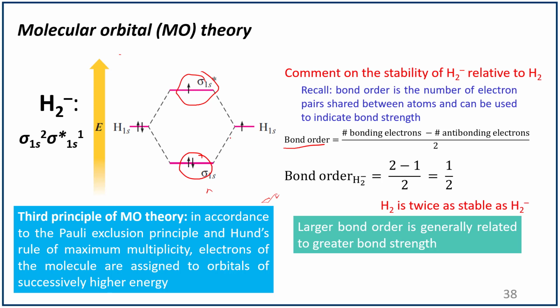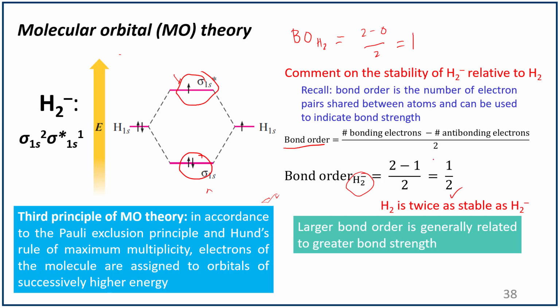So if we don't have this extra electron, the bond order for just hydrogen, not the one with the negative charge, is equal to 2 minus 0 divided by 2, so it's actually 1. And then the bond order for H2 minus is 2 minus 1 divided by 2, which is equal to 1/2.